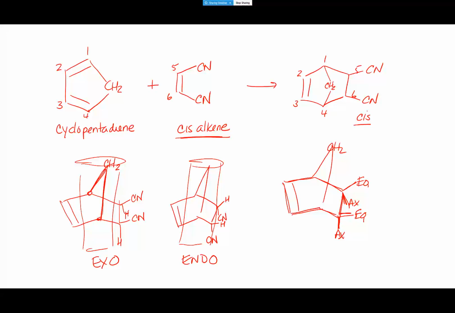Down here, the CN groups are on the inside of that cylinder, being axial. And out here, they're outside of the cylinder, so that is the exo. So the exo product is when the CNs are on the same side of the bridge. The endo is when they're on the opposite side of the bridge.